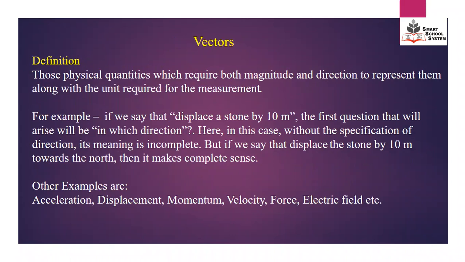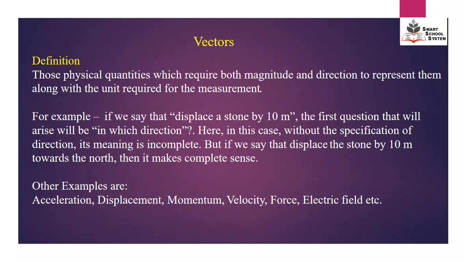Vectors are those physical quantities which require both magnitude and direction to represent them along with the unit required for the measurement. For example, if we say displace a stone by 10 meter, the first question that will arise will be in which direction. Here in this case, without the specification of direction, its meaning is incomplete.